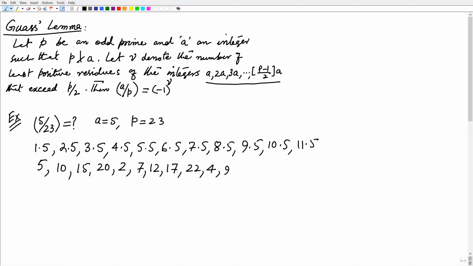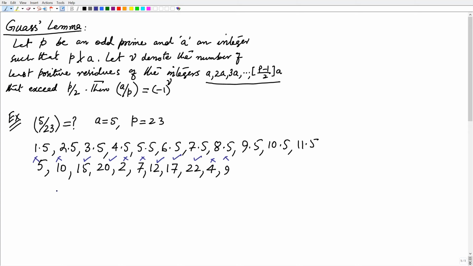Now we have computed all 11 values, and we pick those numbers which exceed p/2. We cannot pick 5 or 10. We consider 15 and 20. We can't consider 2 or 7. 12 can be considered, then 17 and 22.